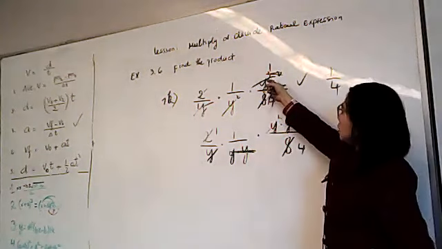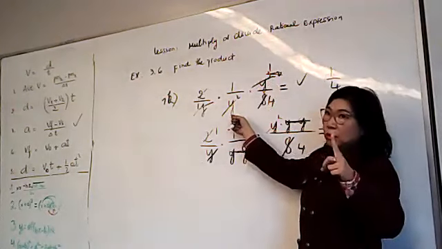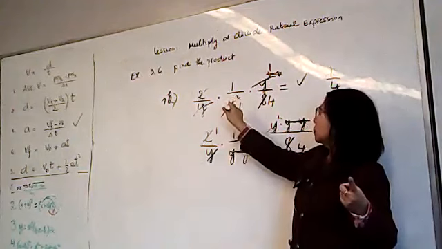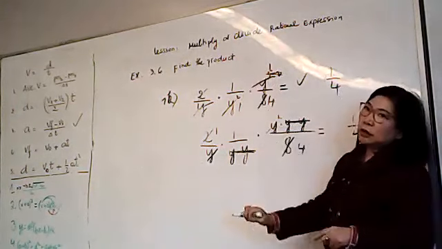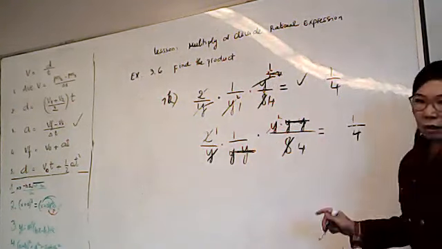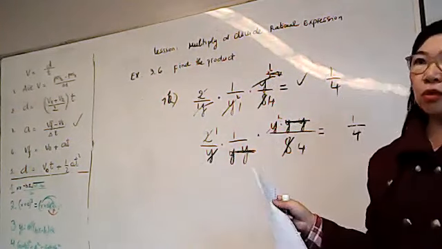This is power 3, so you have extra 1y. This is power 2. And it means when you cancel, it's just gone, become 1. And this left with power 1 on top. 3 minus 2 is power 1. Okay? All right. So I hope that the rest you can practice on your own.